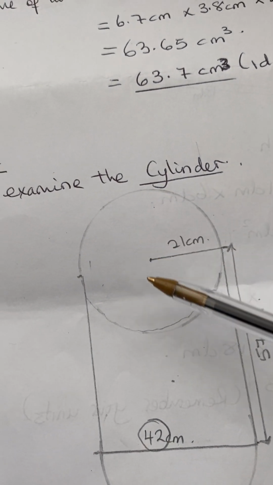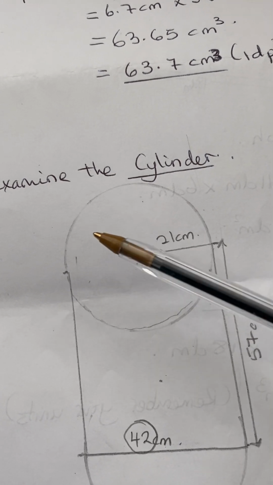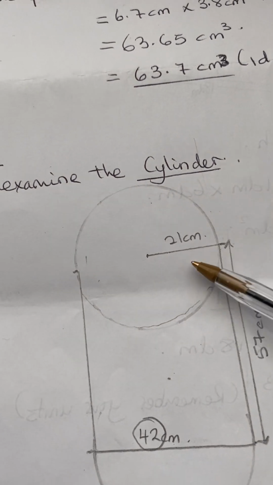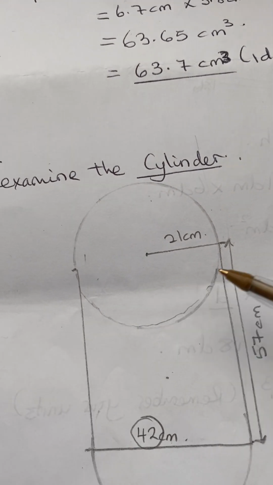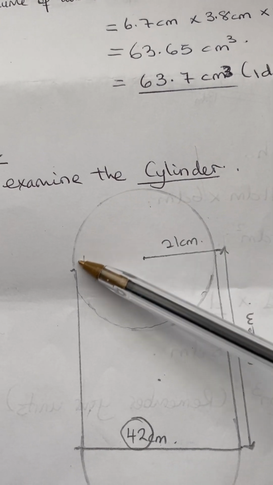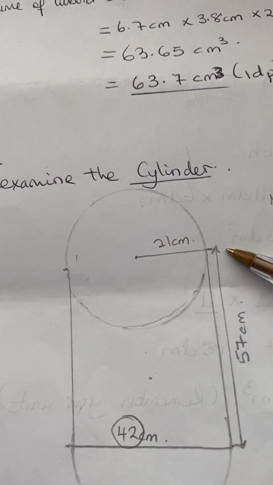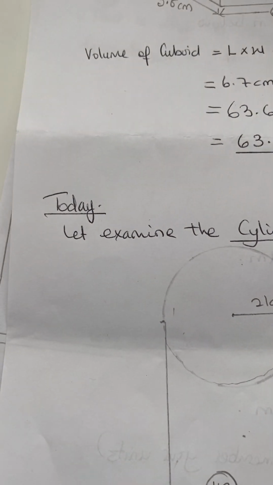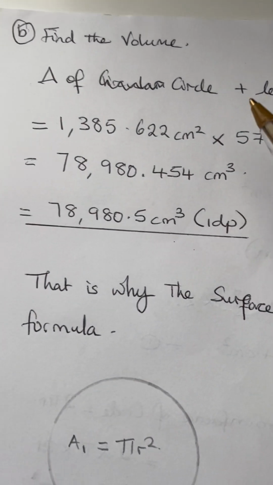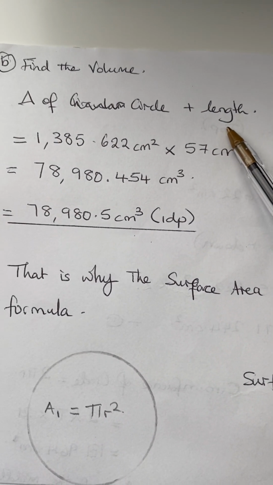If it were a prism, you just find the area of the triangle or whatever type of prism it is, and then multiply by the length. So we know the area of one part of the cylinder, so we just multiply by the length. We've already done the area, now we multiply by the length.